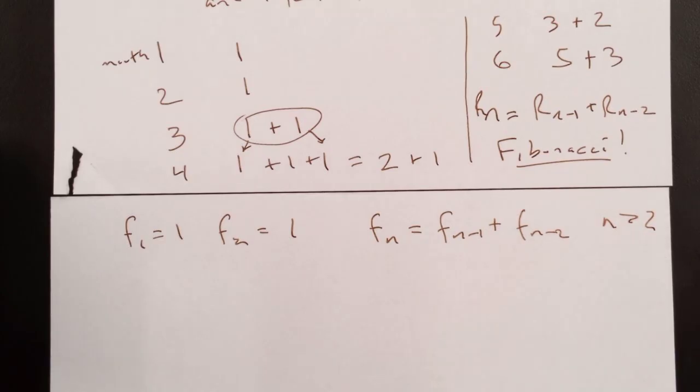Now, some versions actually write F0 is 1 and F1 is 1. And then this is for n bigger than or equal to 2. It's the same thing. So here's an idealized situation where I have to realize what's going on in terms of the depth of my recurrence. Questions?